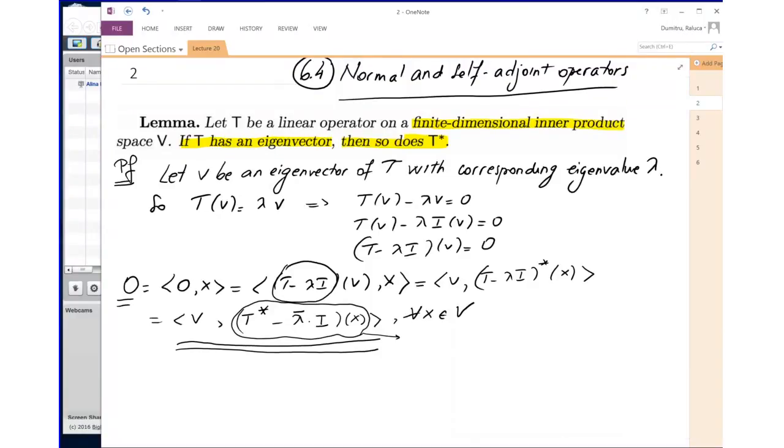I get anything in the image or in the range. And because this eigenvector, which by the way, remember that eigenvectors cannot be zero, is orthogonal to the range of the operator, I can conclude that the range is not the entire space.